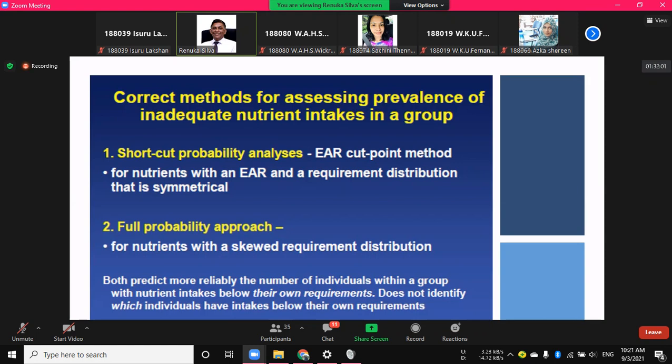After getting all those 40 different values, now I want to tell you something about this entire group. For that, I can use 2 methods. One is probability analysis. It's a shortcut method. We call it shortcut probability analysis. The second one is the full probability approach.